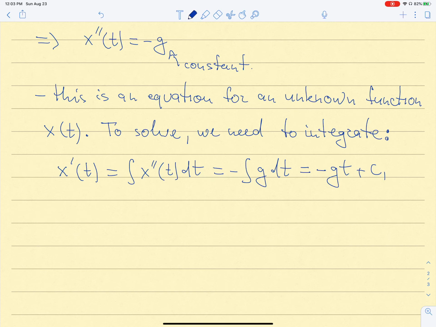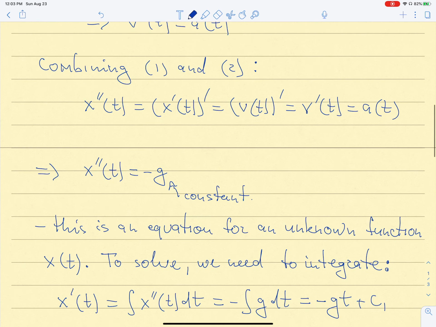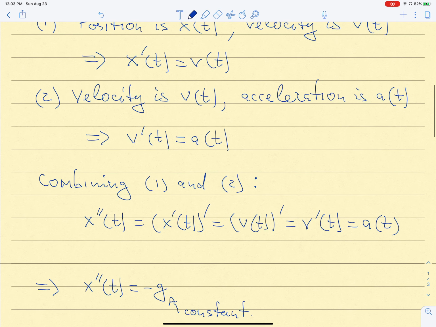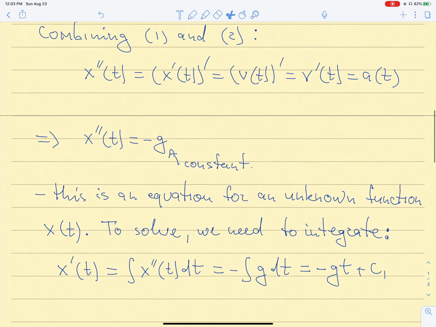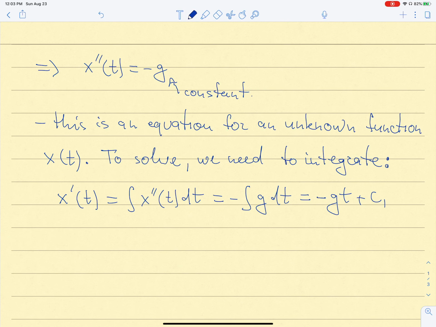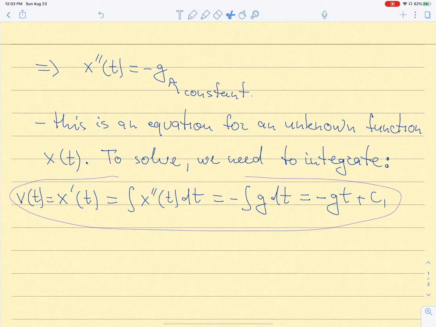And by the way, in this case, if we recall what x prime means, x prime is precisely the velocity. So I can actually write this as v of t equal to x prime of t. So v of t is c1 minus gt. So velocity in this case is going to be a linear function of time.